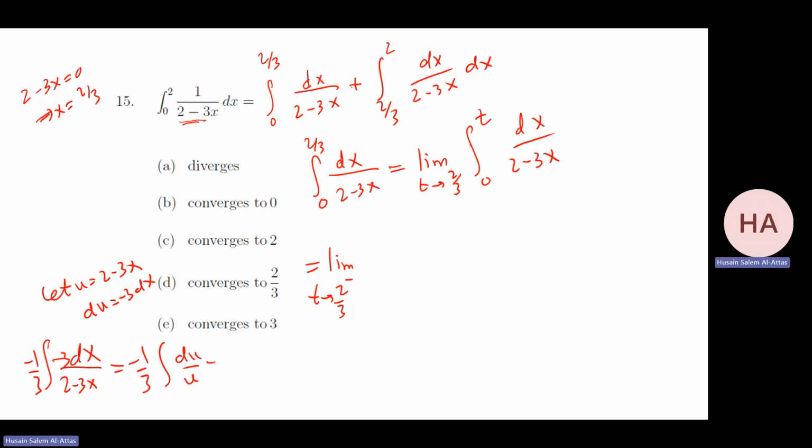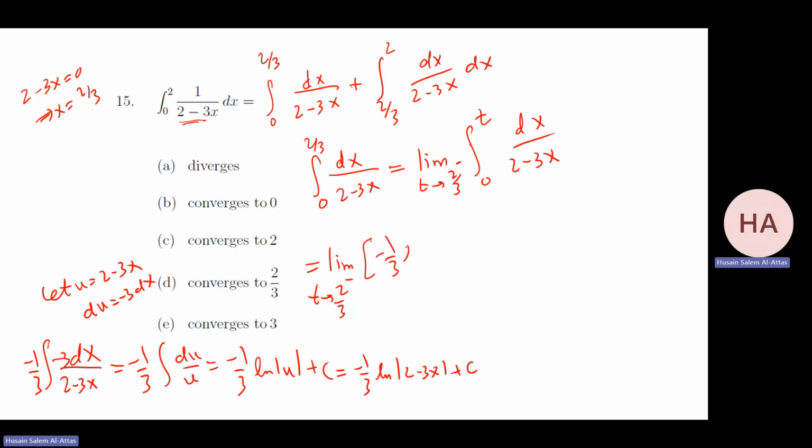Correct? That will be minus 1 over 3 ln absolute value of u plus c, which is minus 1 over 3 ln of the absolute value of 2 minus 3x plus c. So this will be the limit as t goes to 2 over 3 from the left. Yeah, that makes a difference.